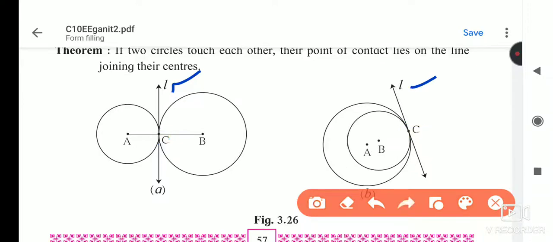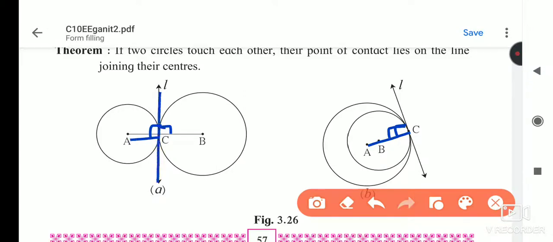From point C we have drawn L as the common tangent. You will notice that this line L is perpendicular to AC. Here also, if we join, line L is perpendicular to AC. In the same way, line L is perpendicular to BC also. So L is perpendicular to AC and to BC.